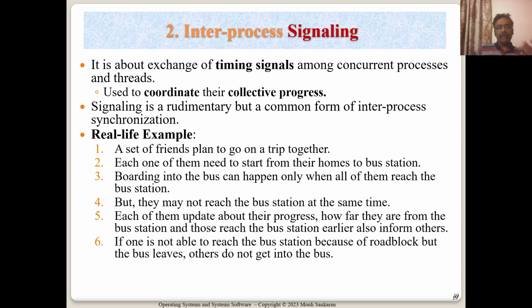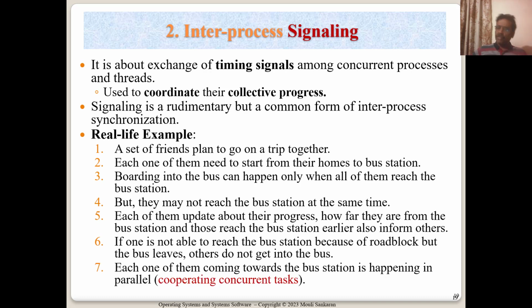This kind of event is a good example of independent processes running on different cores, which all wait for some way of communicating with each other so that they know the progress made by each of those individual processes. So signaling is one method of communicating that information between processes.